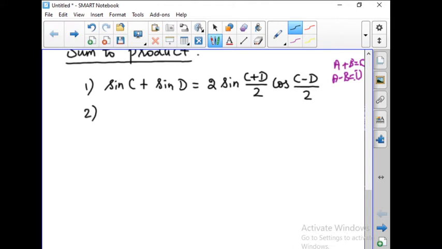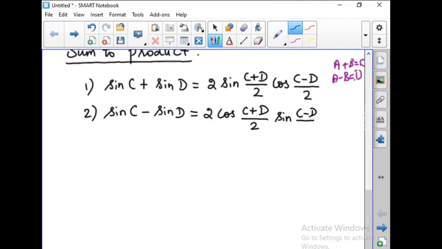Second formula is sin C minus sin D is equal to 2 cos (C plus D)/2 sin (C minus D)/2. Okay. So first memorize all the formulae, then only it will be easier for you to understand.